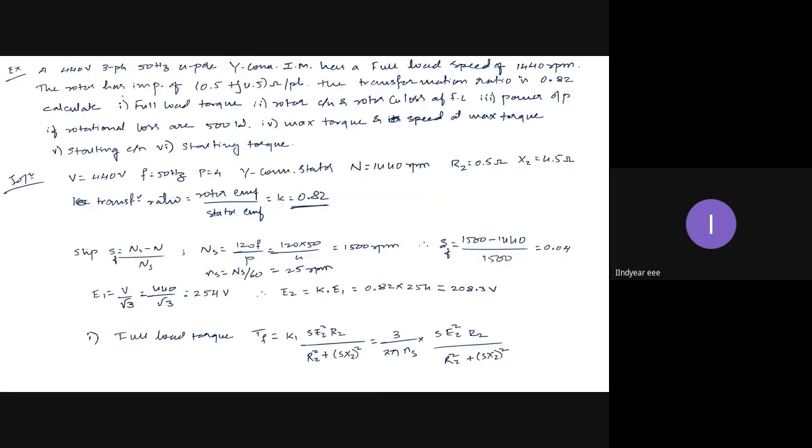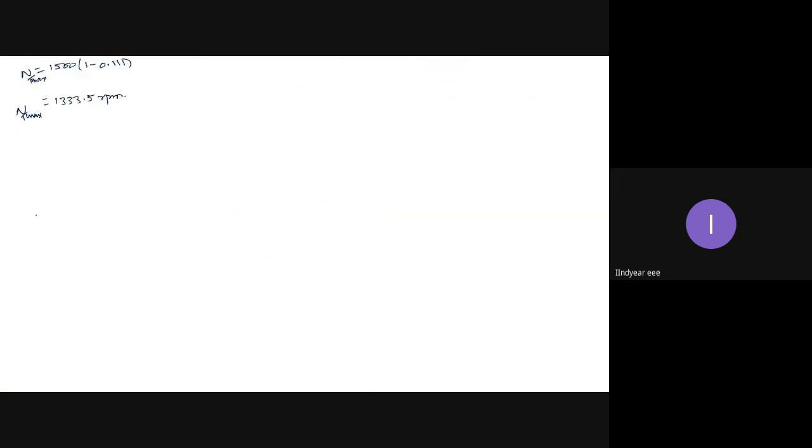What is the next point to be calculated? It is the starting current. Starting current is to be calculated at the primary side.